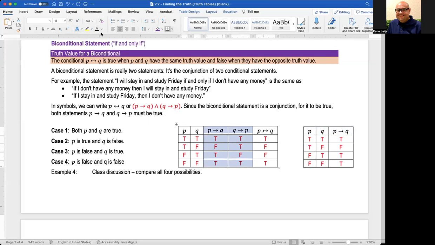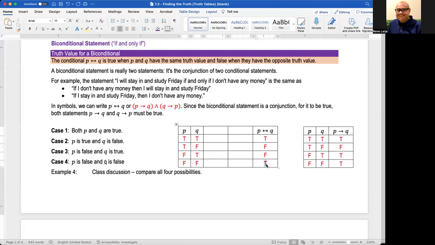Okay. And so here's what I'm going to do. I'm going to hide this. Now look, does true go to true? That's true. Does true go to false? No. So these truth values are not the same. Is false the same thing as true? Nope. So that's false. Is false the same thing as false?